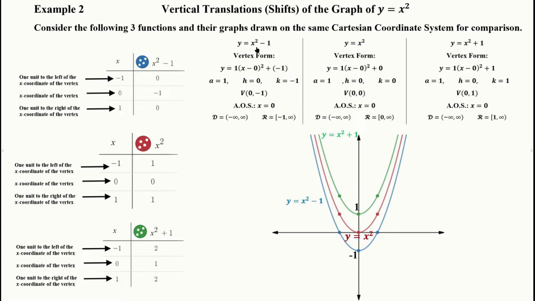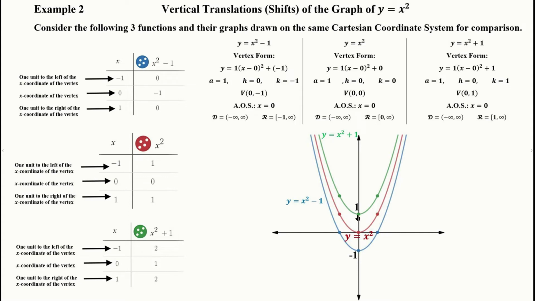So for this one, notice we can write it as 1 times x minus 0 squared plus -1. So h is 0, k is -1. So the vertex is going to be at 0, -1. The axis of symmetry is x equals h, so x equals 0, and there is the domain and the range.